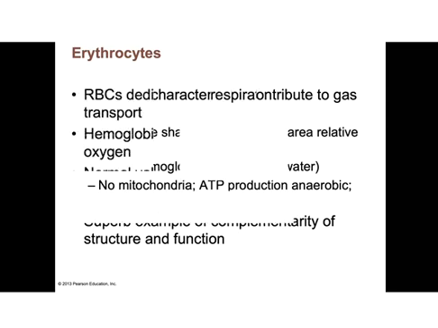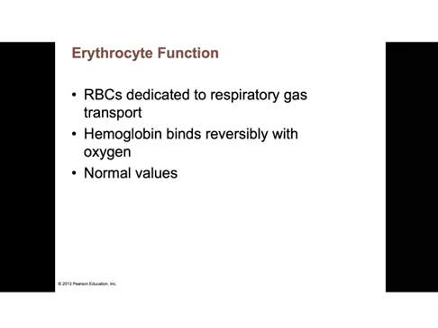Red blood cells are dedicated primarily to gas transport. They move CO2 and oxygen and a few protons around, okay? They have a buffering function as well. The hemoglobin is a buffer for the protons in the blood. And their main job is to transport oxygen bound to the iron in the heme, which is bound to the hemoglobin protein, okay?